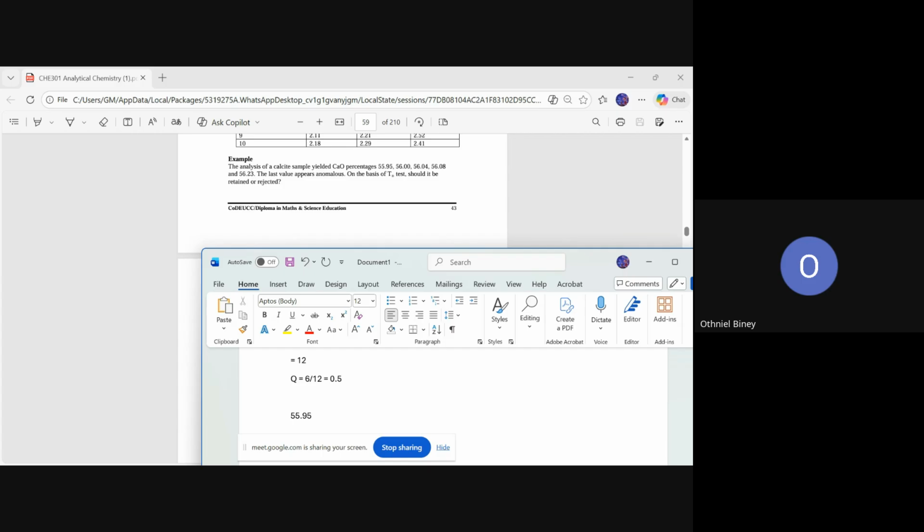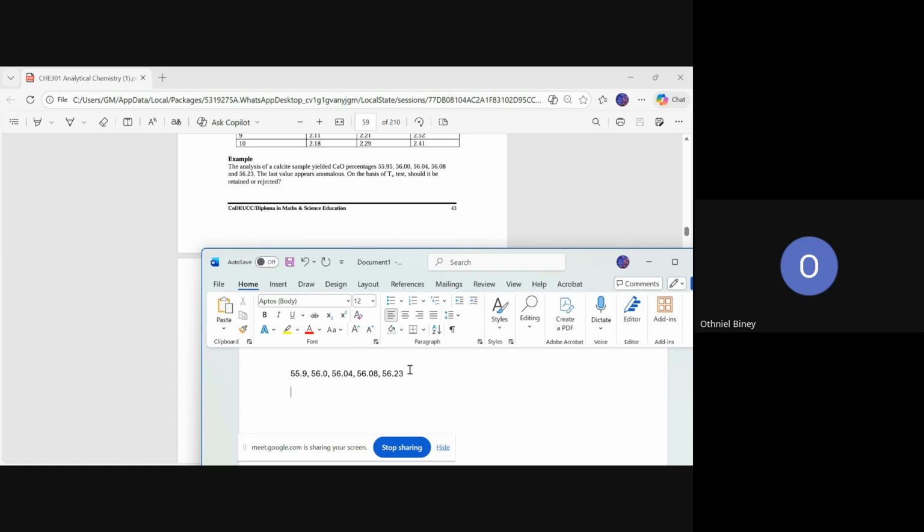We have 55.9, 56.0, 56.04, 56.08, and 56.23. In this case, these are already arranged for us in ascending order.